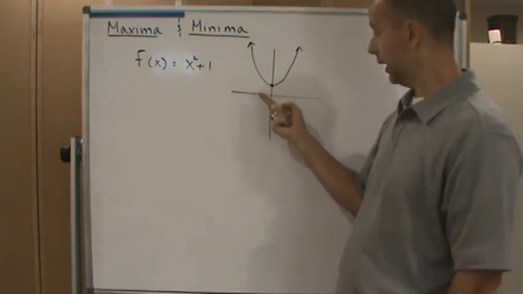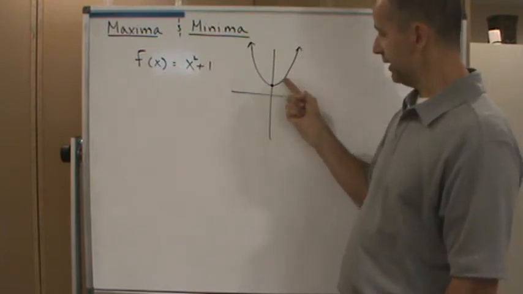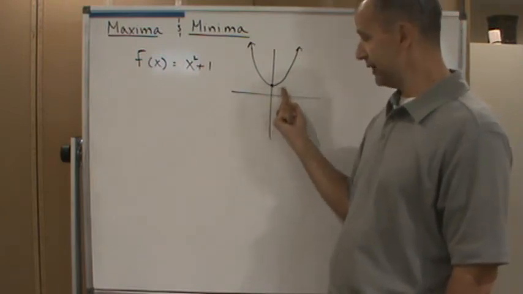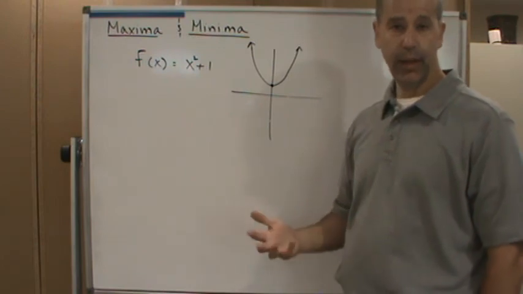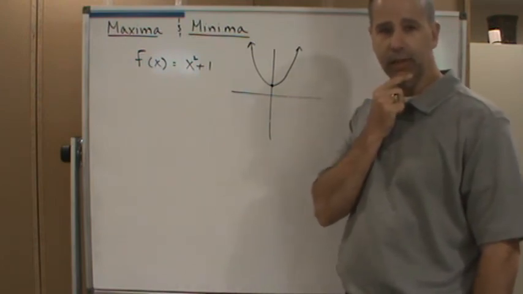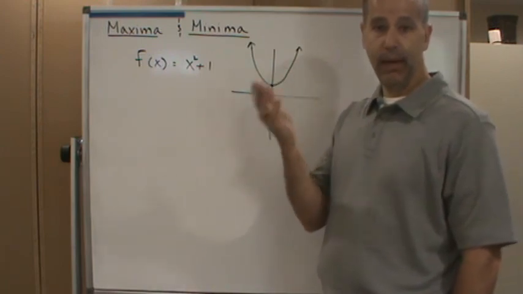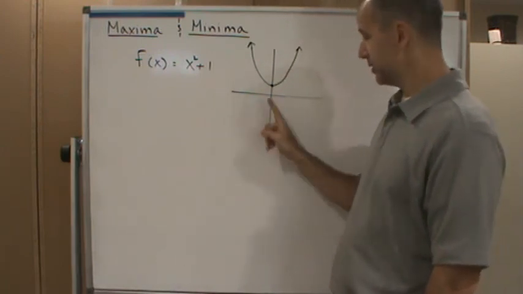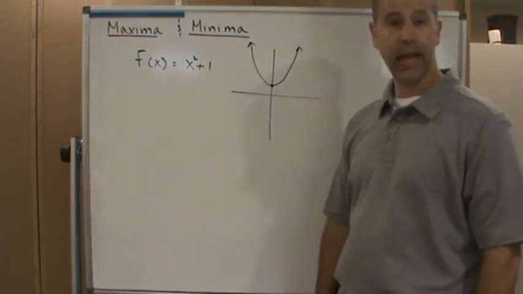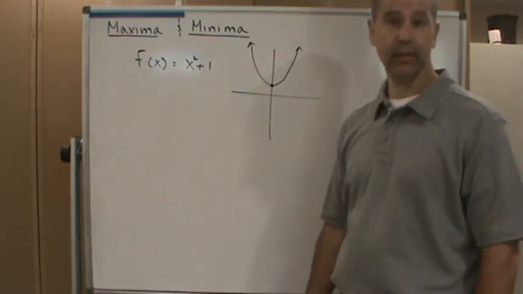Negative. Okay? The tangent line over on this side is always positive. But the tangent line right at this minimum point is what? 0. So that's going to be a key to helping us find maximum points and minimum points, because it's going to be at the place where the slope of the tangent line is 0.